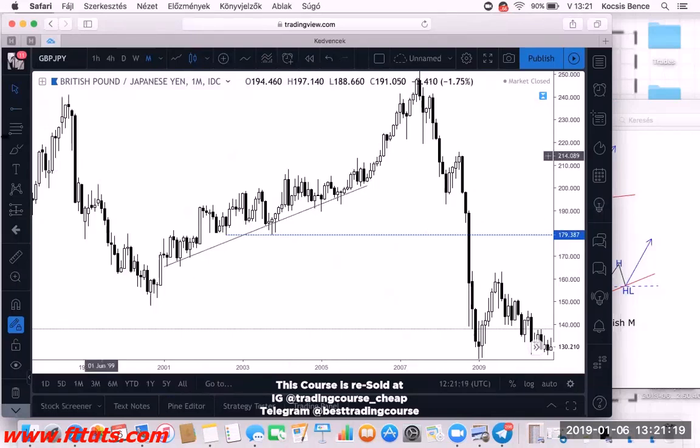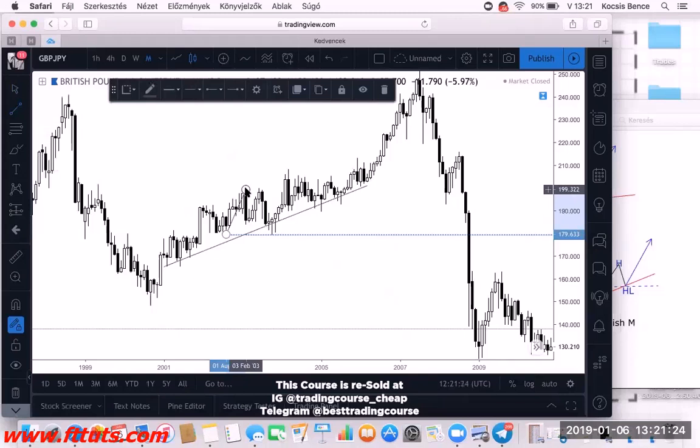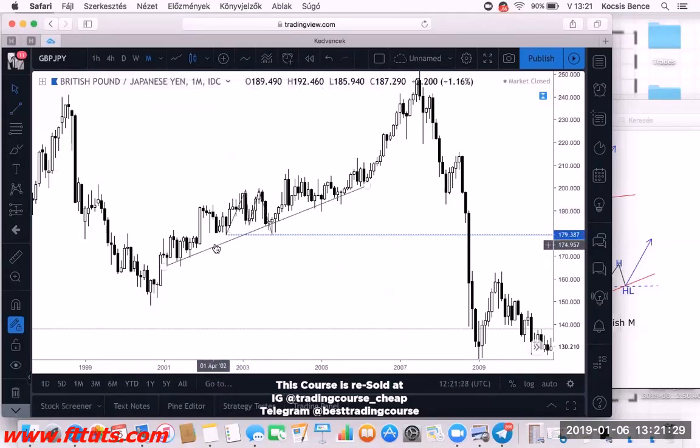Here is the first pattern. Up, down, up, down.